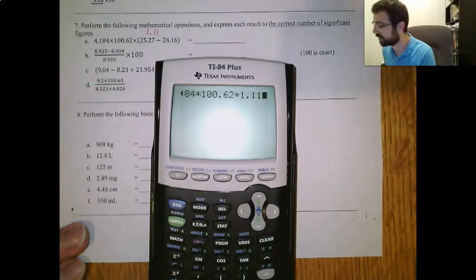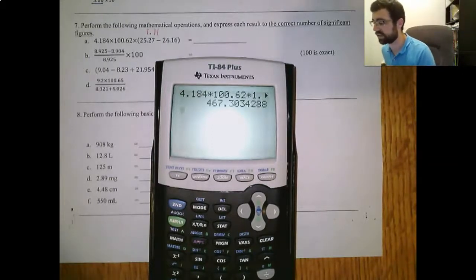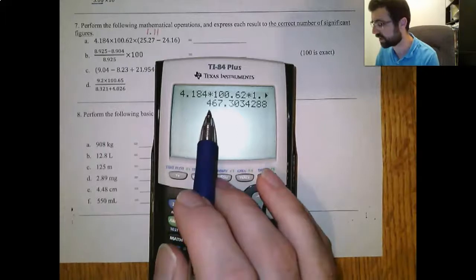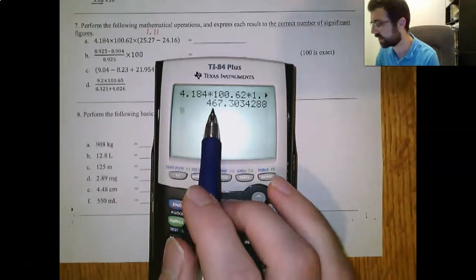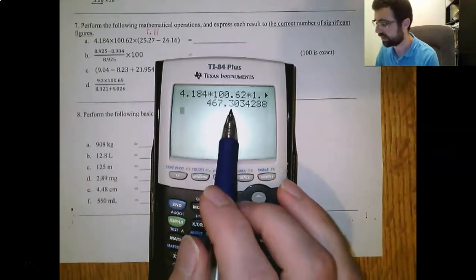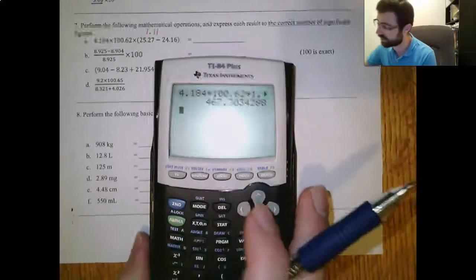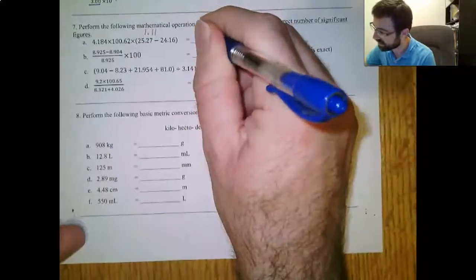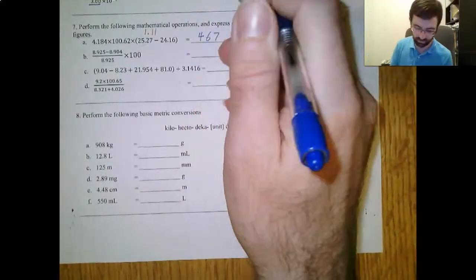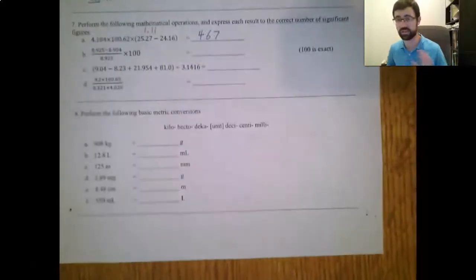When I get that number, I want 3 sig figs, so we're just going to keep the first 3 non-zeros, 4, 6, 7, and look at that number. It's not 5 or above, it's below 5, so we're going to say 467. 467 is our answer.